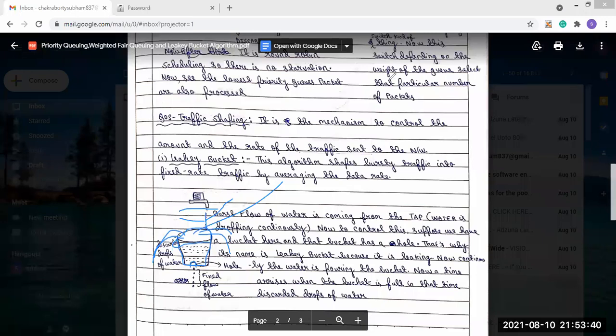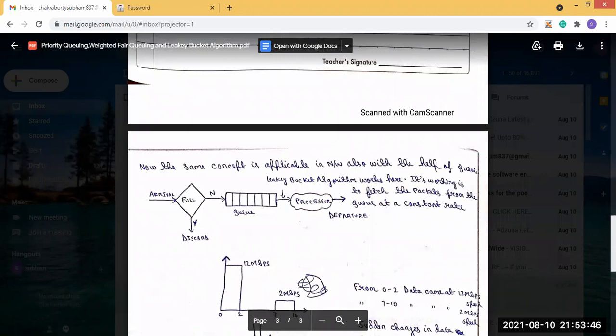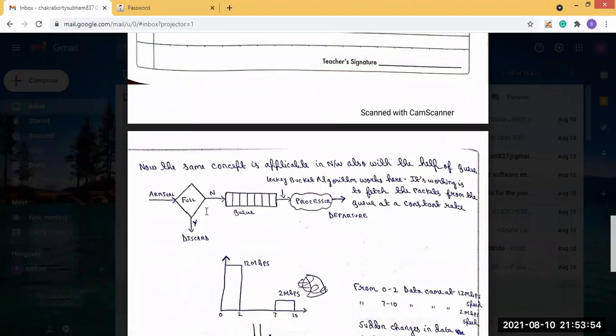The same concept is applicable in the network with the help of a queue. If a packet arrives and the queue is full, then the packet is discarded, the same as the concept of the bucket, that if the bucket is full, the drop of water is discarded. Otherwise, the water is poured into the bucket, and the packet will be poured into the queue.